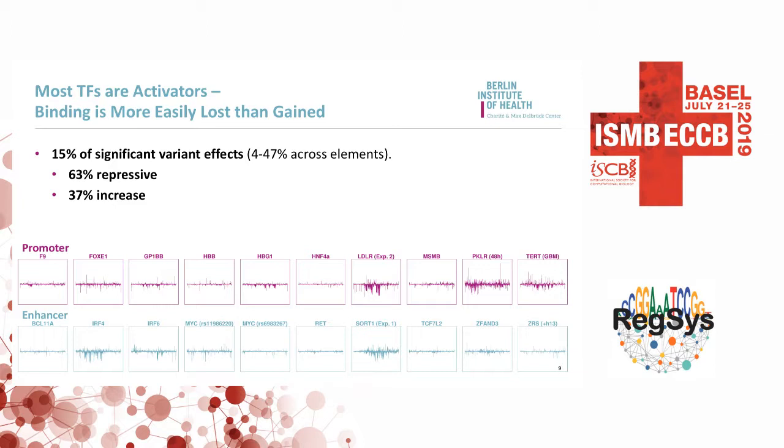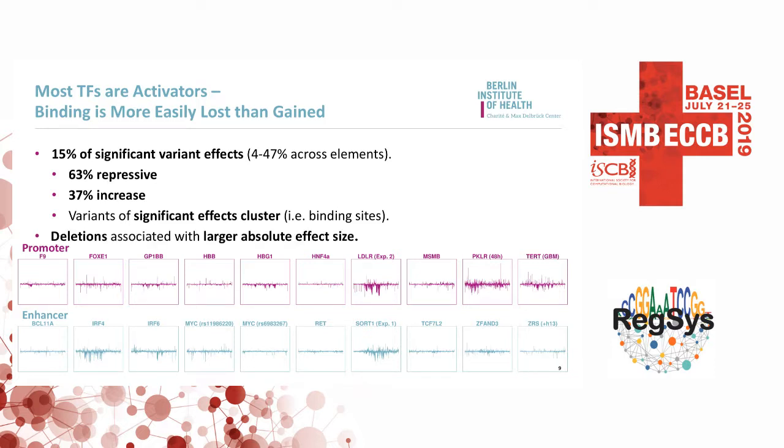Mostly they are repressive effects, but around 37% are activating effects. Like I showed you before in TERT, we see these clusters, and we think these clusters are mostly binding sites, where we have a block of significant effects. And of course, deletions have larger effect sizes than single nucleotide variants because you disrupt the sequence more severely.